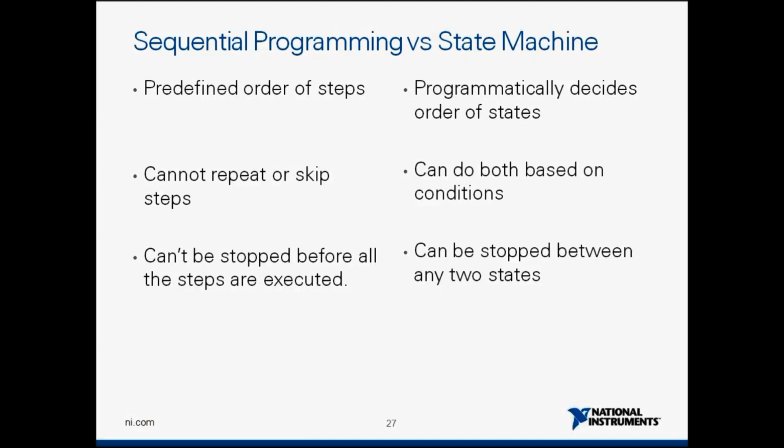In sequential programming, you can neither repeat nor skip states. In the state machine, both can be done based on conditions set and met. You cannot exit the program until all the states are executed in sequential programming. In a state machine, you can stop the program between any two states.